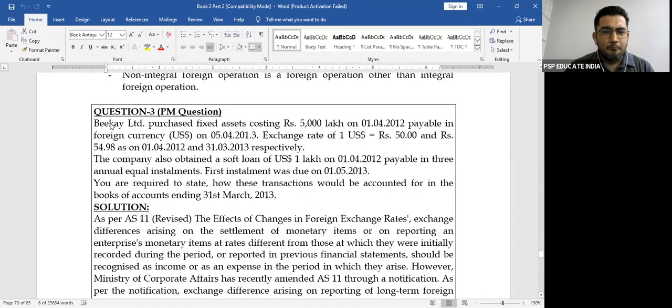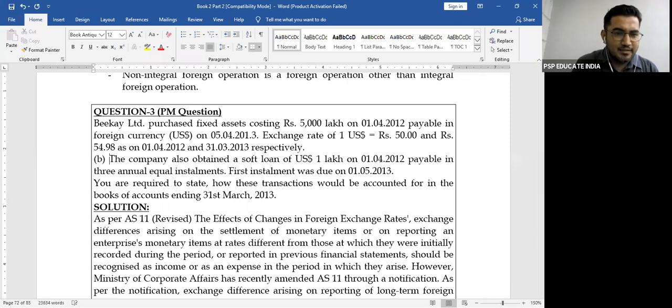It says BK Limited purchased fixed assets costing rupees 5,000 lakhs payable in foreign currency, US dollars. Exchange rate was rupees 50 and 54.98 on 1/4/2012 and 31st March 2013. Let us put this as B and this as A, so that it becomes easy.